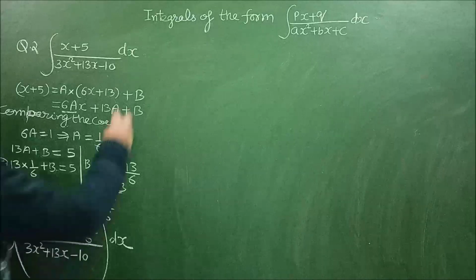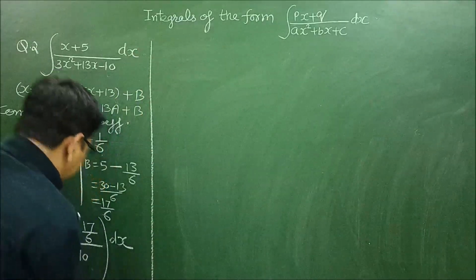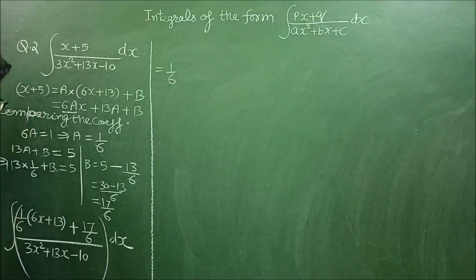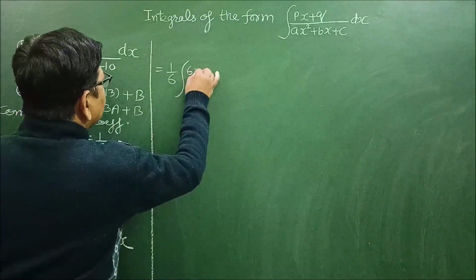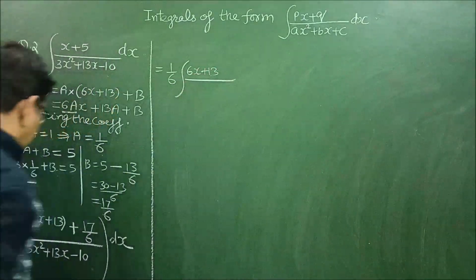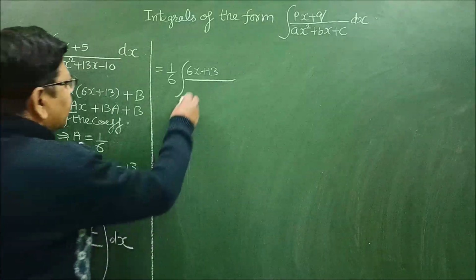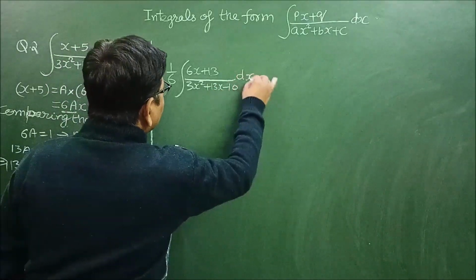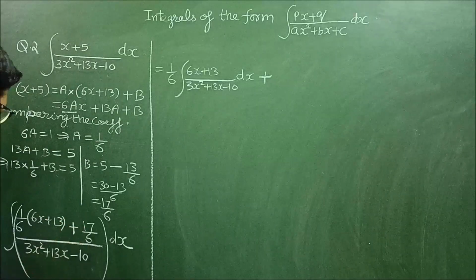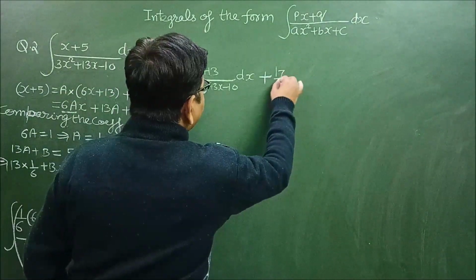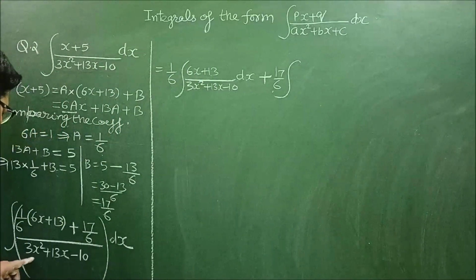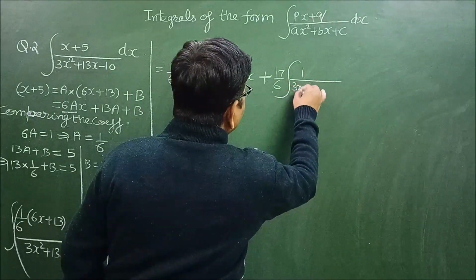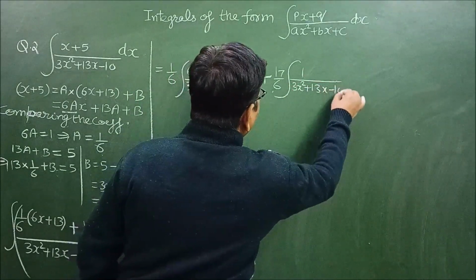Now separating these integrals, this is equal to 1 by 6 integral of 6x plus 13 upon 3x square plus 13x minus 10 dx plus 17 upon 6 integral of 1 upon 3x square plus 13x minus 10 dx.